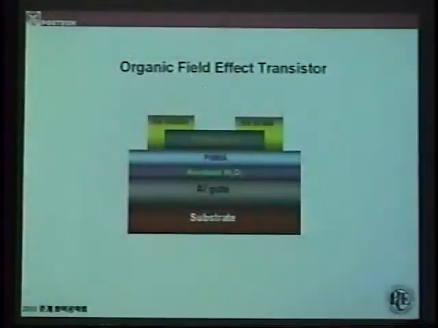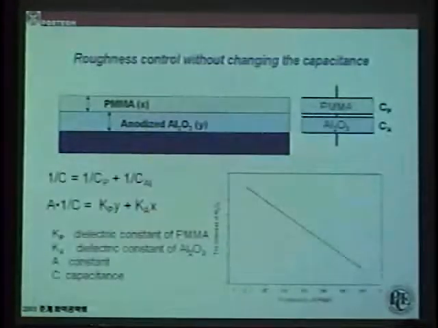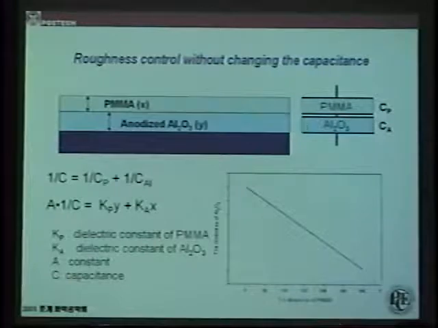Next, this is our device design: substrate, gate, dielectrics, and active layer. In order to find out only the effect of roughness, we have to control the capacitance, because if you vary the capacitance, then we have a different amount of charge carrier that affects the mobility.